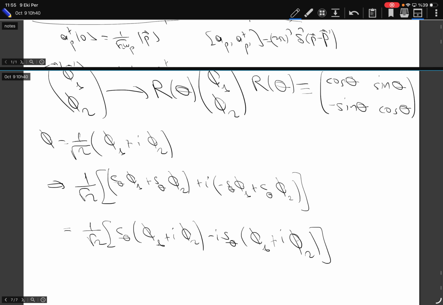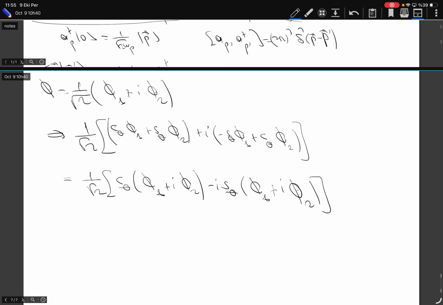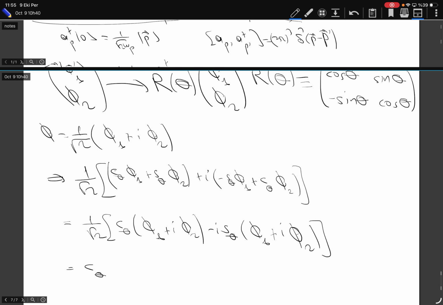Now, when I look at the transformation properties of phi1 plus i phi2, when I transform it, I obtain something that depends only on phi1 plus i phi2. I think we've made a sign mistake. It should be minus i phi2. You see, this is plus sine theta phi2. Correct, that's correct.